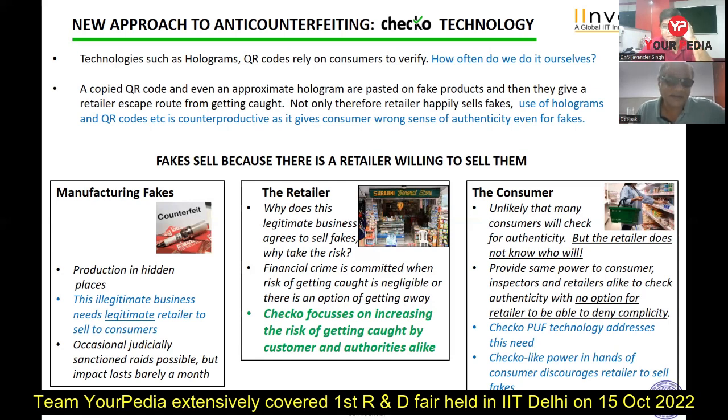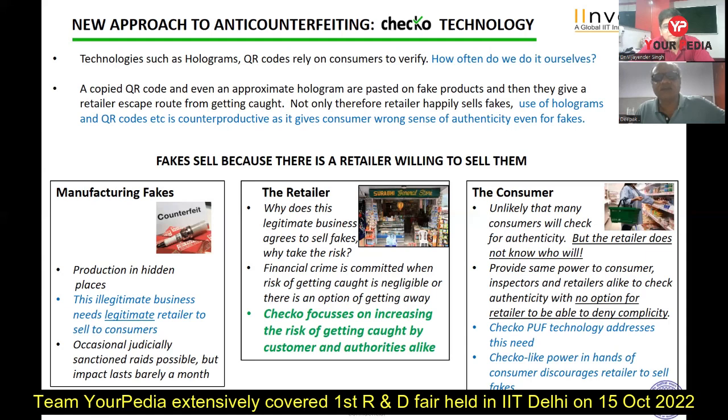You buy it, right? But this fake guy also puts a hologram. So in fact, a fake product, you think it is authentic. Holograms therefore play a negative role. And QR codes are copied, and they paste the copied QR code there. Once the copied QR code is pasted, you scan it, it'll give you the same answer as a genuine one.